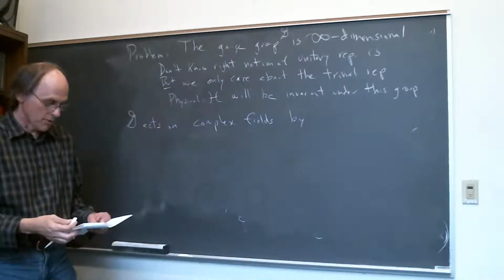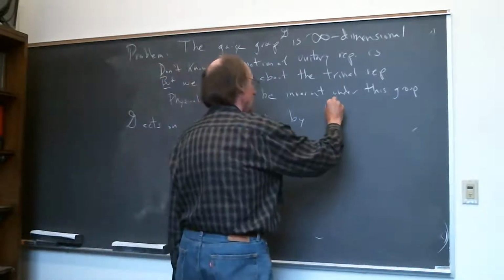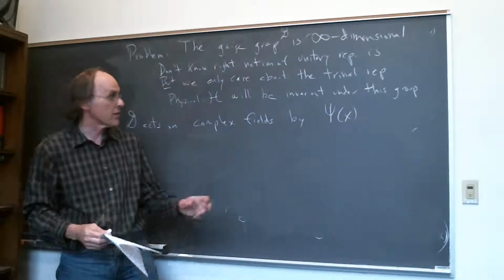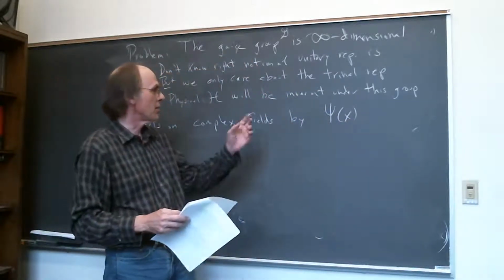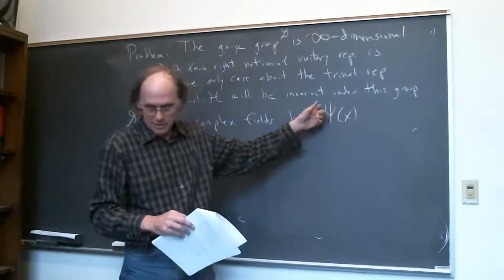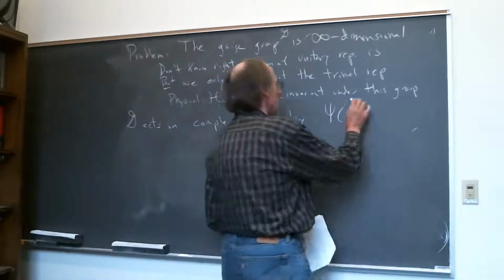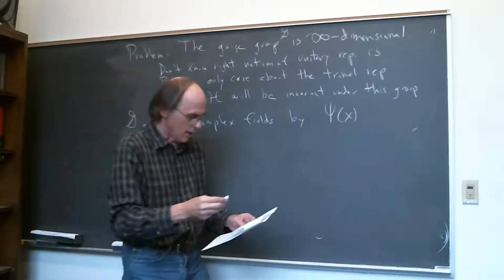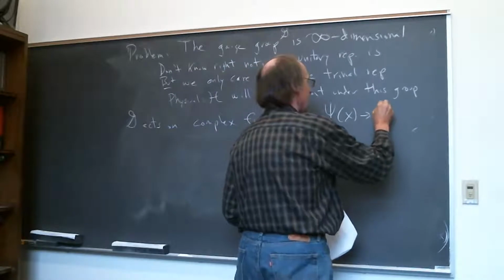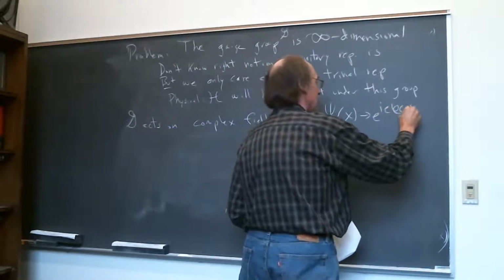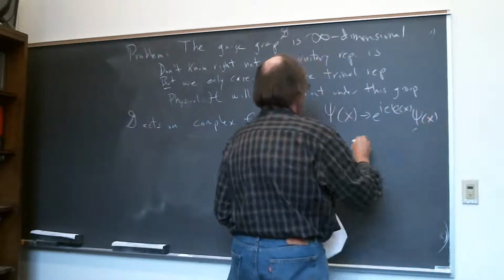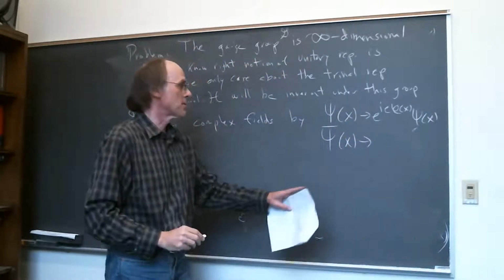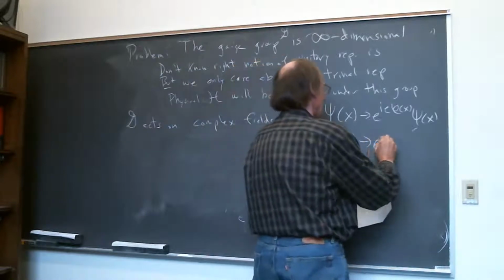For no particular reason, I'm using psi instead of phi here, and x is space and time. So psi of x goes to e to the i phi of x times psi of x, and psi bar of x, oppositely, is acted on by e to the minus i phi of x.